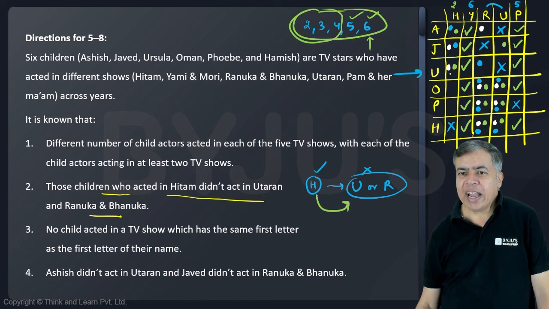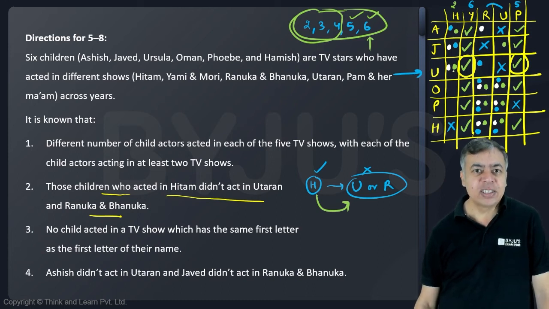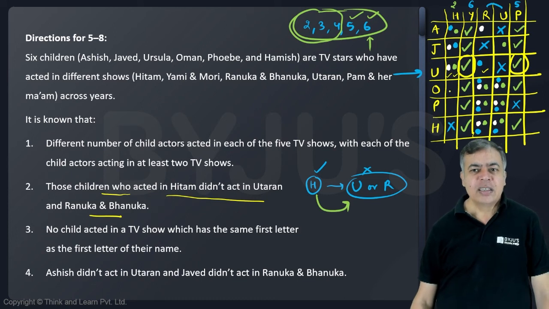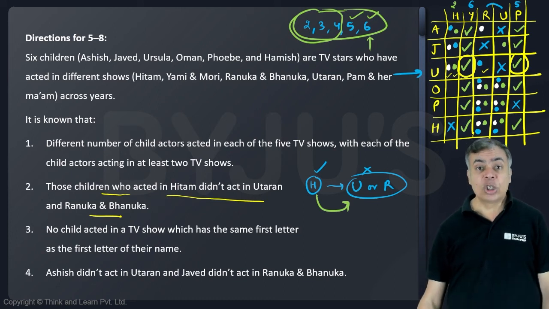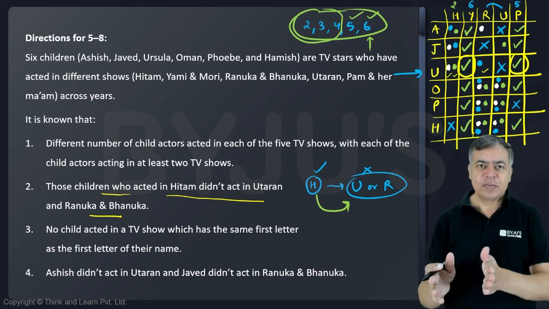You can see here, U actor acted in 1 compulsory, 1 fixed, 2 fixed. Out of these 3 cases, 1 case would be there. So either he will act here, or here, or here. That means a total of 3 shows. Y and P are fixed.